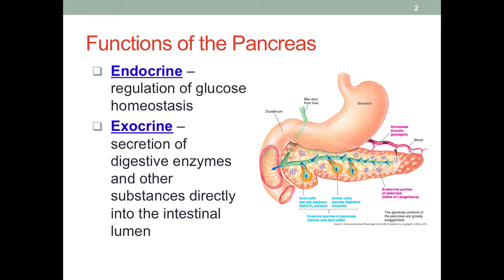This lecture, however, will focus on diseases of the exocrine pancreas. The main exocrine function of the pancreas is the secretion of digestive enzymes and other substances.